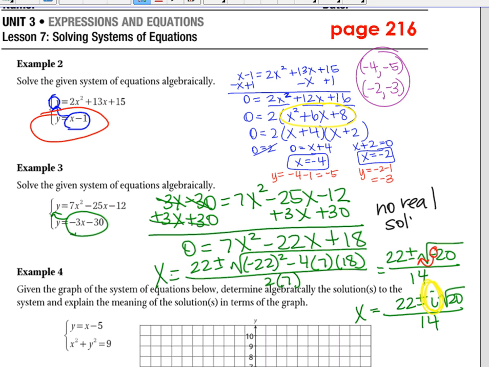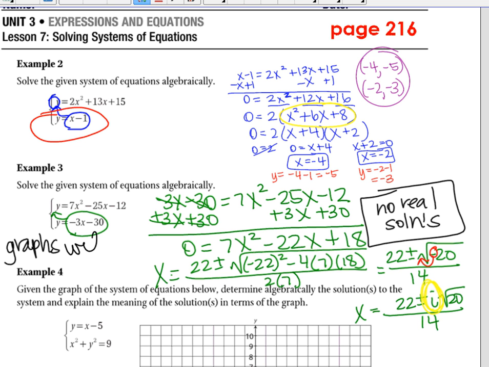So as soon as you see an imaginary number, it's no real solutions, because technically, I'll write it over here, your graphs will never intersect. That's what that means. So there is no solution, because remember, when you're finding a solution to a system, you're essentially finding the point on the graph that they intersect. So that's never going to happen here.